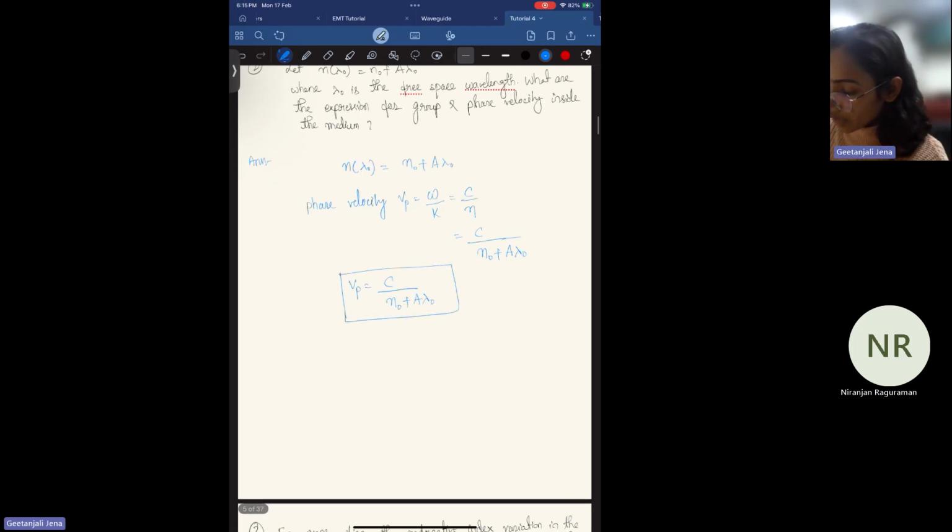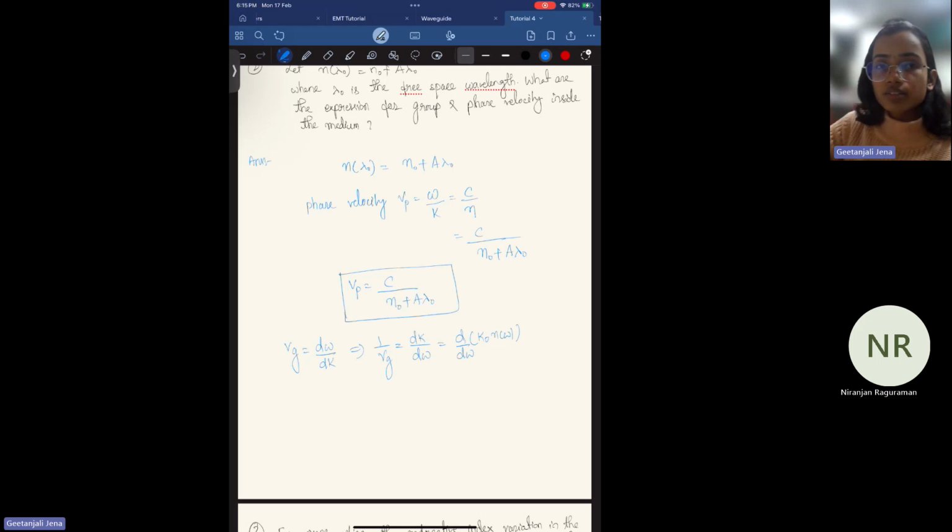And for the group velocity, what is the expression? It is d omega by dk. That means if you want to find Vg, 1 by Vg is dk by d omega. And here you can see k is k0 n of omega.